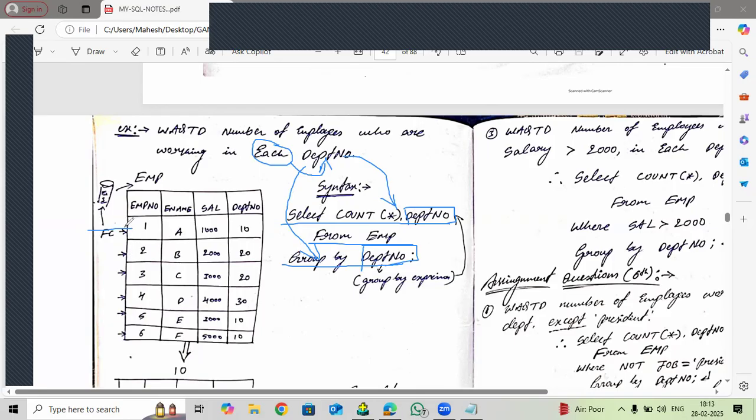It goes to the first row. We have given each department number: count of star, count the number of employees in each department number. So we have many records here. The compiler goes to the first row. It finds department number 10, so it will separate.